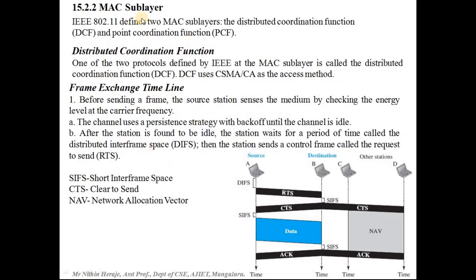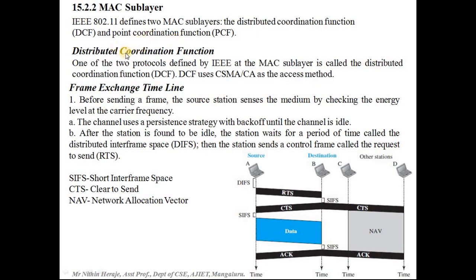Next, coming to the MAC sublayer, which is divided into DCF and PCF, that is distributed coordination function and point coordination function. Normally everything is taken care of by the distributed coordination function. Only if a timing concept comes across do you go for point coordination function.